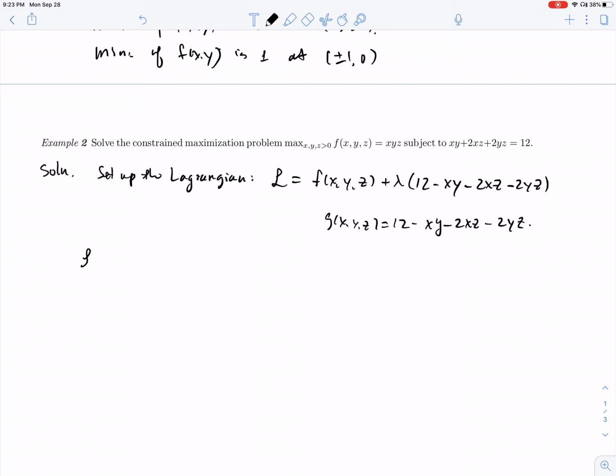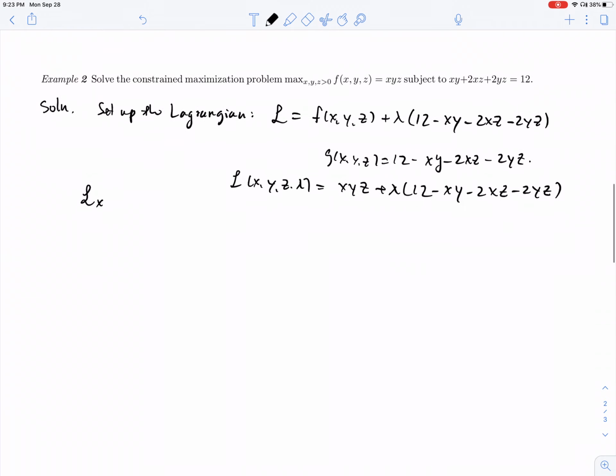Take the derivative with respect to x. Again, let's write down the complete formula: L equals xyz plus lambda times (12 minus xy minus 2xz minus 2yz), like that.